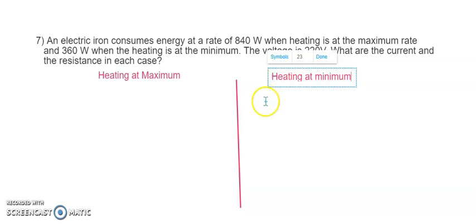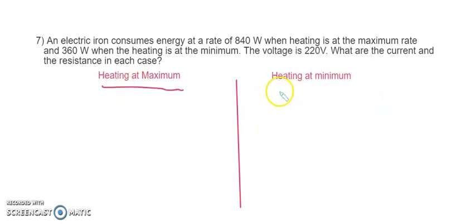So in both cases, the power consumed is different. So we have to find out the current flowing. In the heat maximum case, the power used is 840 watt. And in the minimum condition, the power used is 360 watt, right?